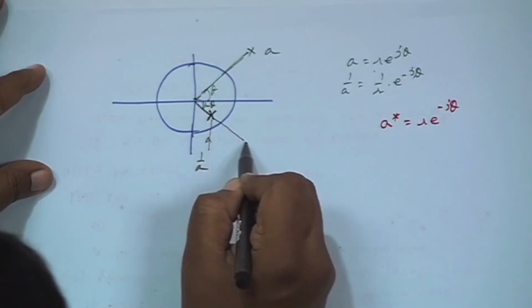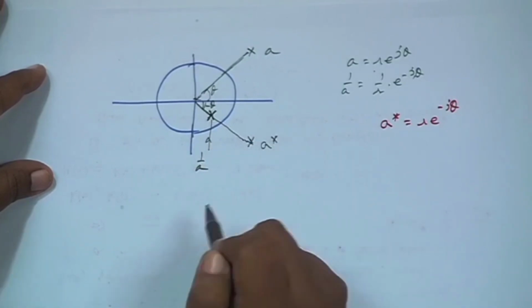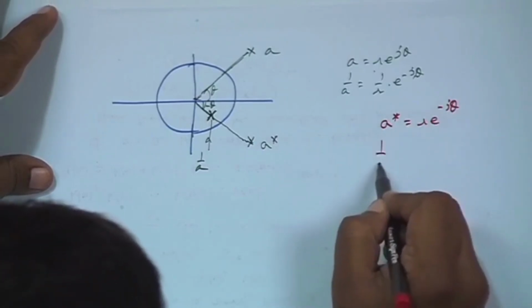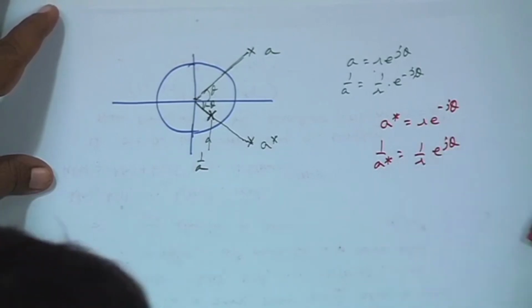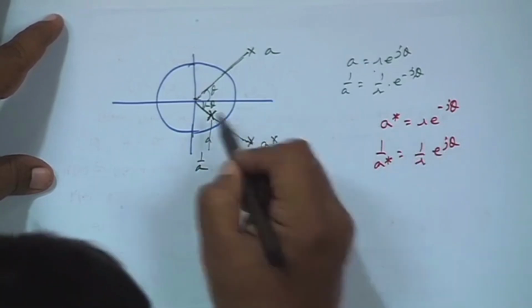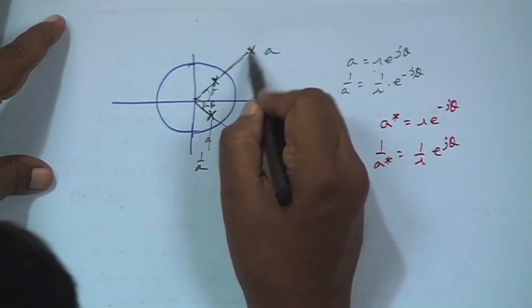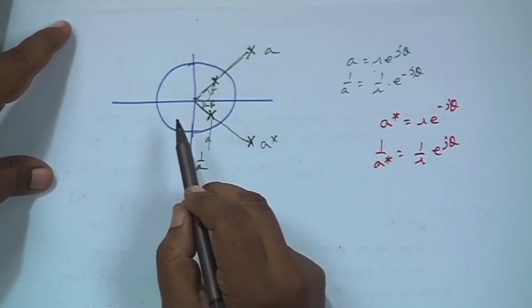So this will continue, it will come here, this is a star, and 1 by a star is another root, that will be 1 by r e to the power j theta. So the angle is again plus theta, but the magnitude is 1 by r, which is less than 1. So this much. These are the 4 roots and they form a quadruplet.